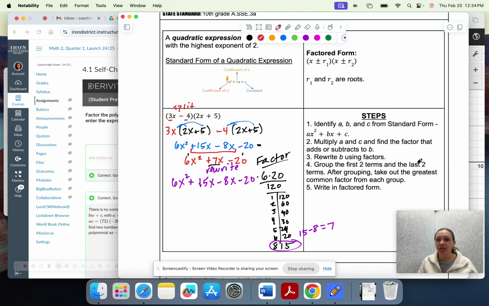So group the first 2 terms and the last 2 terms. Group the first 2, group the last 2, and then take out the greatest common factor from each group. So in our first group, these both have an x, but the difference is now we're looking at numbers and not just a variable. So 6 and 15 both divide by something.